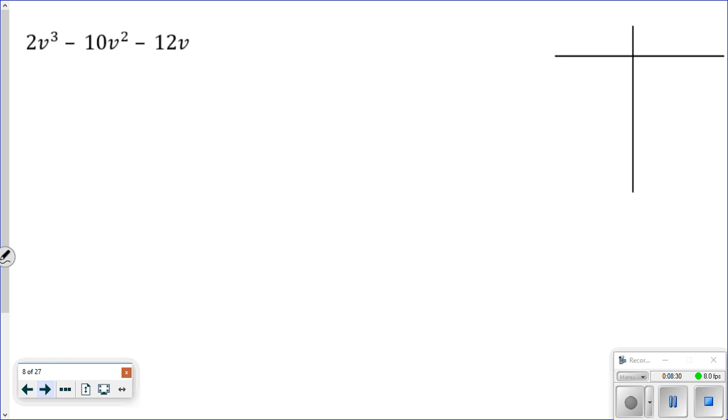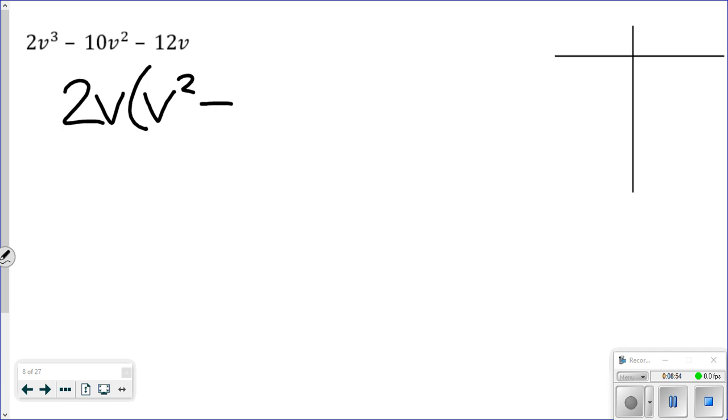Okay, so again, this one's on our note sheet. Let's look at 2, 10, and 12. What can we factor out? 2 is the greatest common factor, and I don't know how to factor with v cubed, so they all share a v. 2 divided by 2 is 1. v cubed minus 1 is v squared.